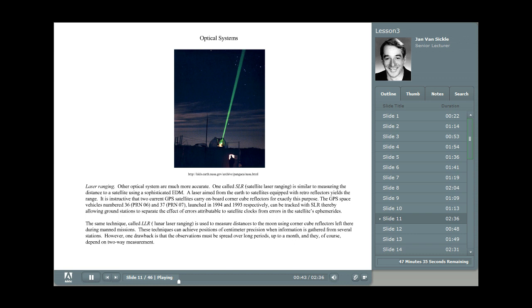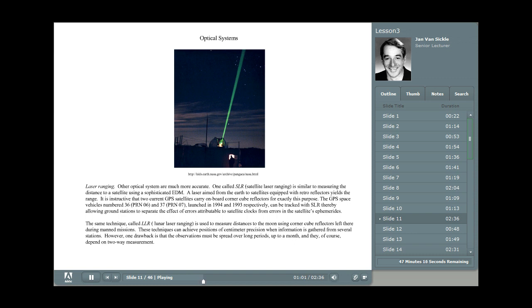This way of doing it is obviously what we've discussed earlier in terms of phase comparison with a reference wave at the EDM, and works very well for satellites orbiting.